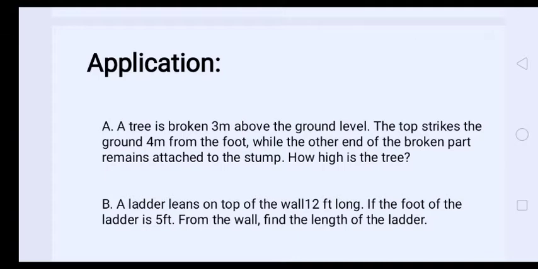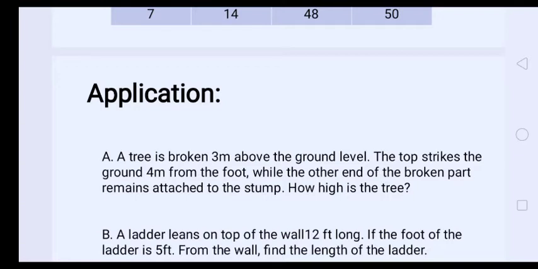So now let us apply the Pythagorean theorem in this problem. A tree is broken 3 meters above the ground level. The top strikes the ground 4 meters from the foot, while the other end of the broken part remains attached to the stump. How high is the tree? So let us draw.